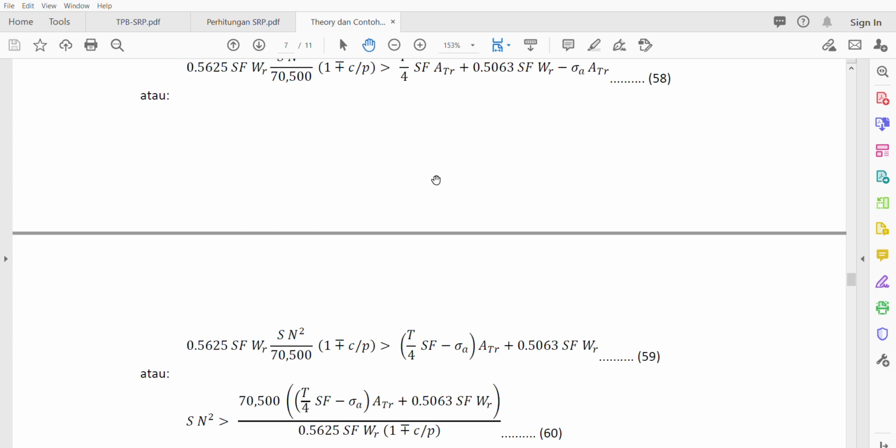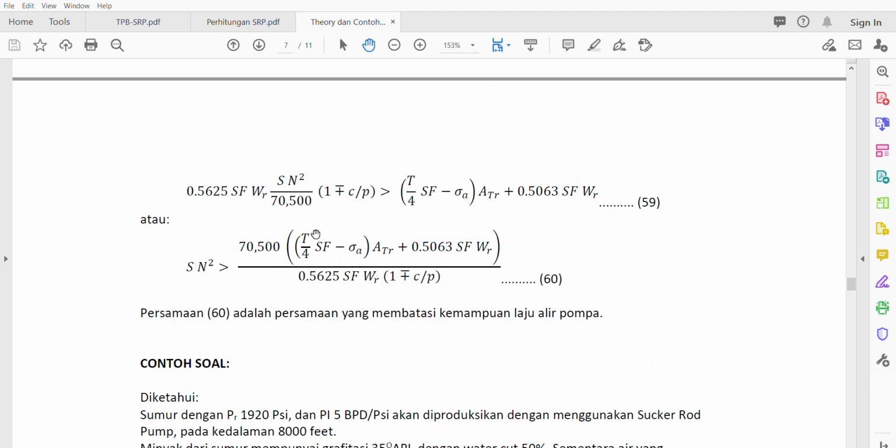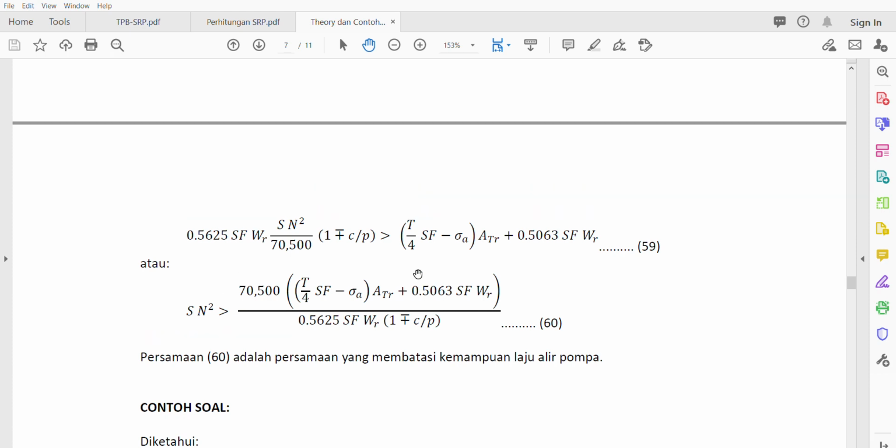This is the one that installs the equipment. This is the parameter, like the weight of the rod, the surface factor, the equipment weight of the rod, and C over P, which is the one that you set up on the surface. This one belongs to the rod again. So this one is the equipment, and this one is what we design.